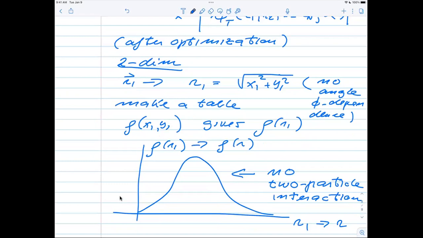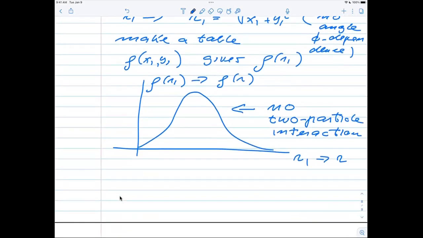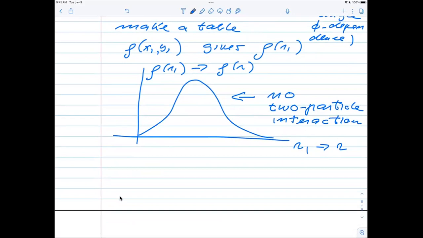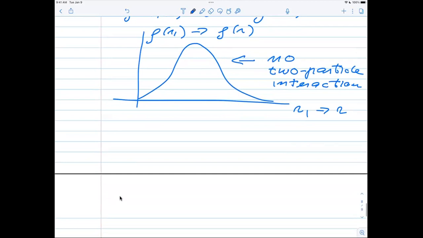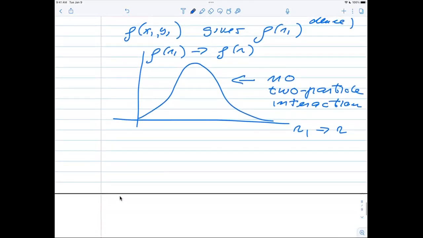You could let x1 go from -1 to +1, for instance, and the same with y1. And with these values, you have the values for r, which are just given by the square root of x1 squared plus y1 squared. So you would have this table. If you're in 1 dimension, you just need 1 variable. If you're in 3 dimensions, you will need x1, y1, and z1. And suppose this is the result with no interaction.